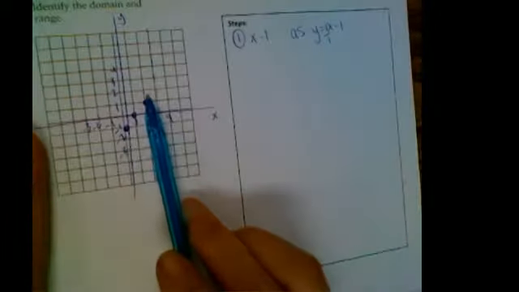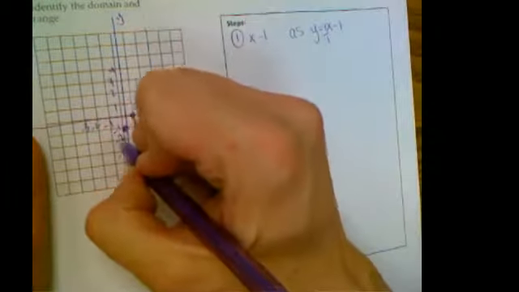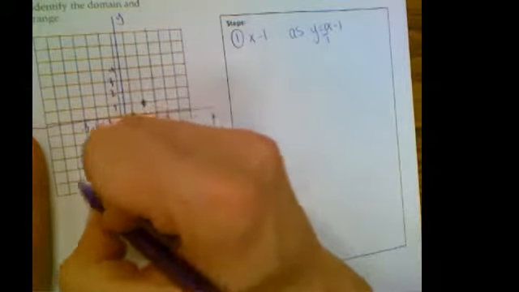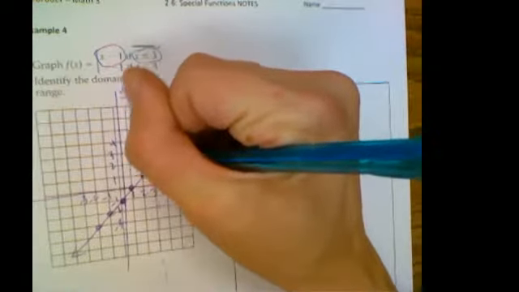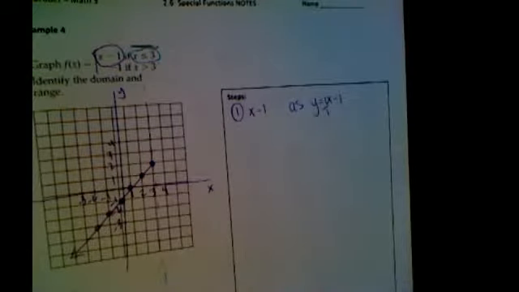So I only want this graph to the left of that line. So I am only going to extend it to the left. The other key is that this is an equal to. It has the bar. So you need to make sure on that dot you have a closed circle.